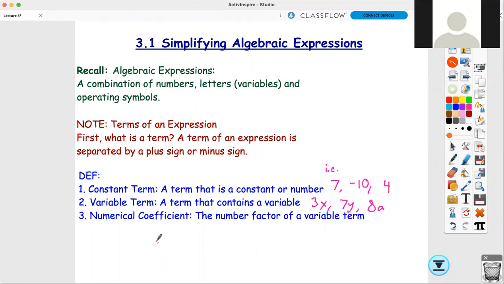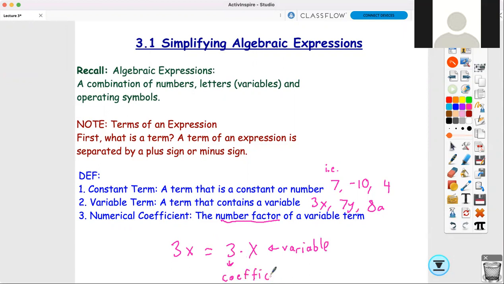And then we have the third definition, numerical coefficient, the number factor of a variable term. The reason I'm saying the number factor is because 3x is another way to say 3 times x. So we know x is a variable, and we know 3 is a coefficient.